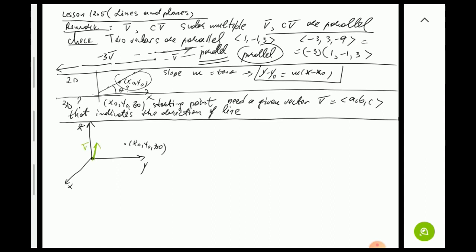So that's the vector v of coordinates a, b, c. All right, so I need the equation of this line that goes through the point x naught, y naught, z naught, and is parallel to the vector v.